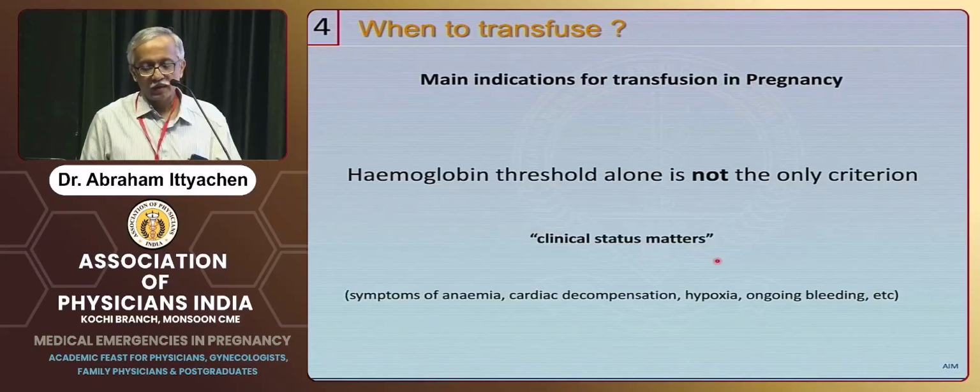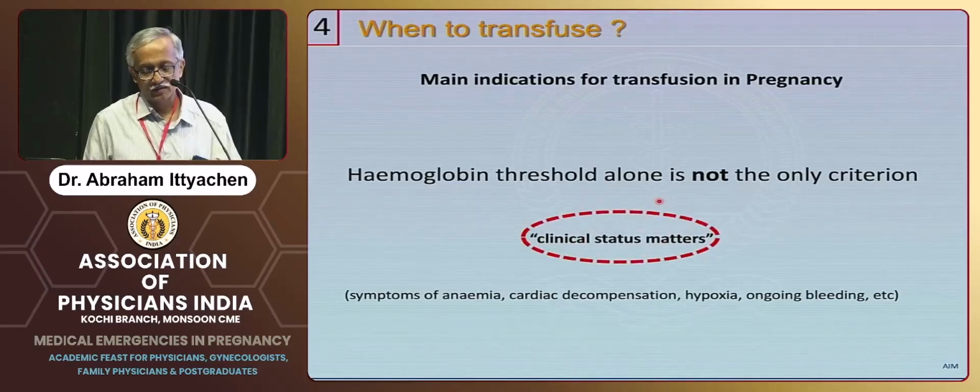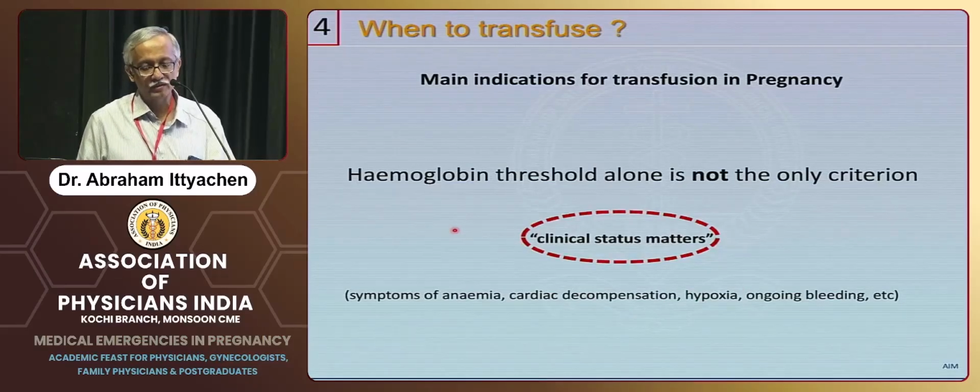Now here, what I'd like to highlight is, I am also a clinician, and in the previous slides I have shown values like 5, 5.7, 7, and what is important here is the hemoglobin threshold is not the only criterion. The clinical status matters, and that includes symptoms of anemia, cardiac decompensation, hypoxia, ongoing bleeding, and ultimately what I am trying to imply is it's not 7, the value that matters.